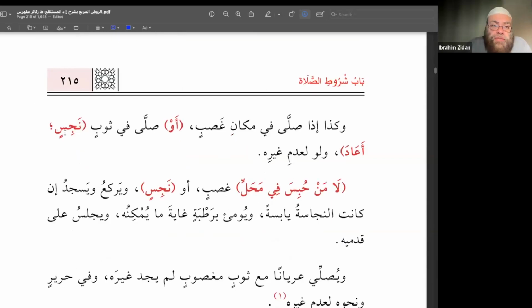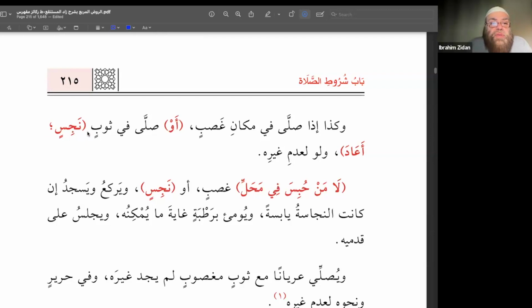It doesn't have to be washed before wudu, because it's not najis. But in principle, when something comes out, that means it requires the wudu. Even though this also has a difference of opinions, it is to remove it, of course, and to make wudu. This is to be on the safe side.